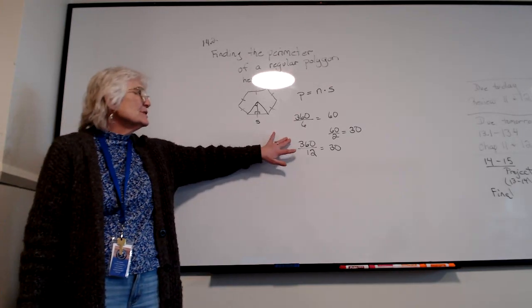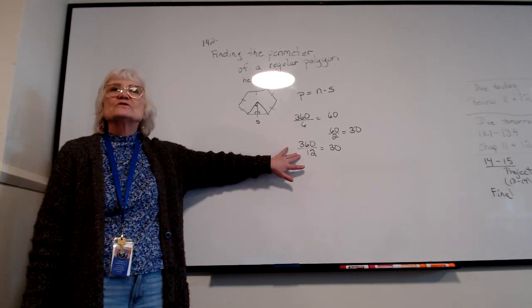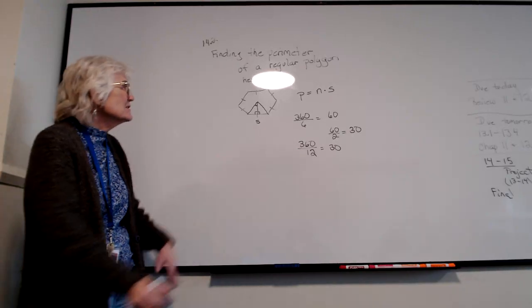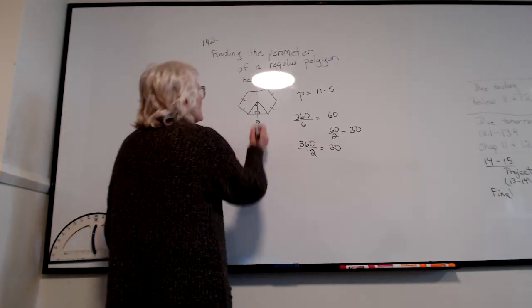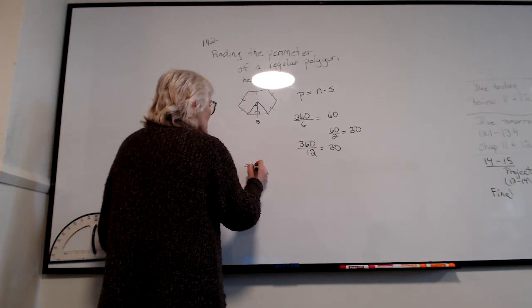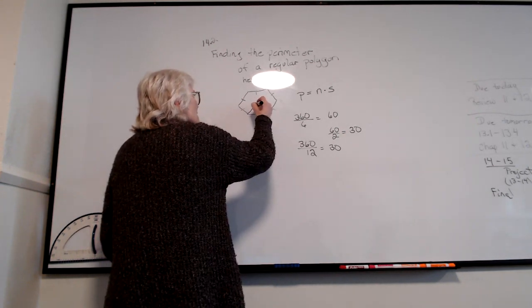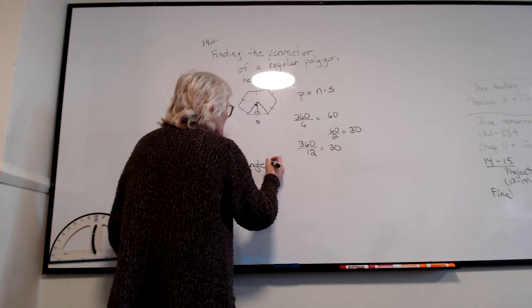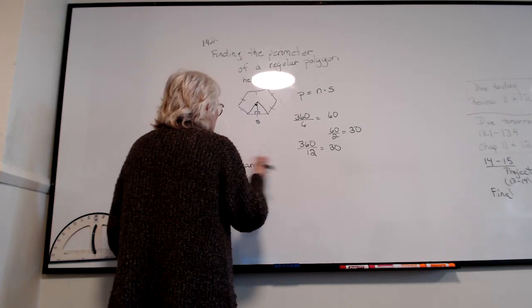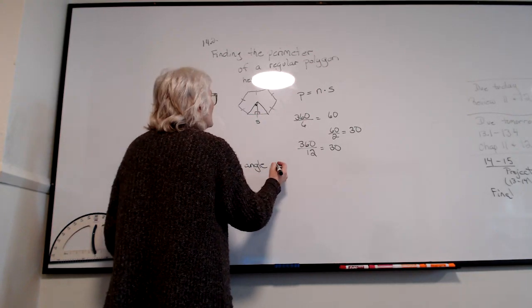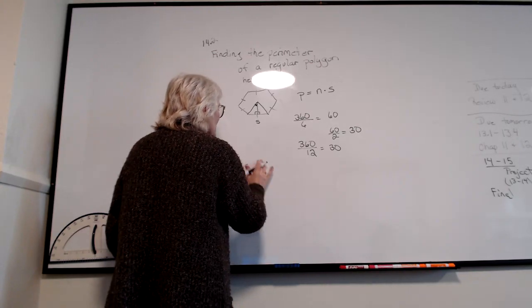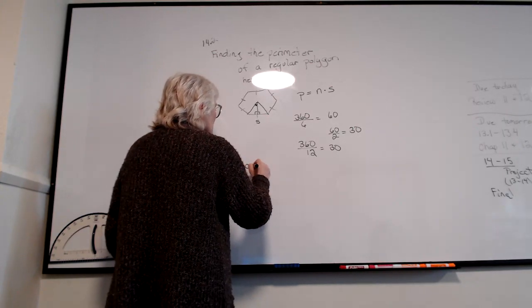It's 360 over 2n, so this is the formula. Your angle up here is actually half of the central angle.